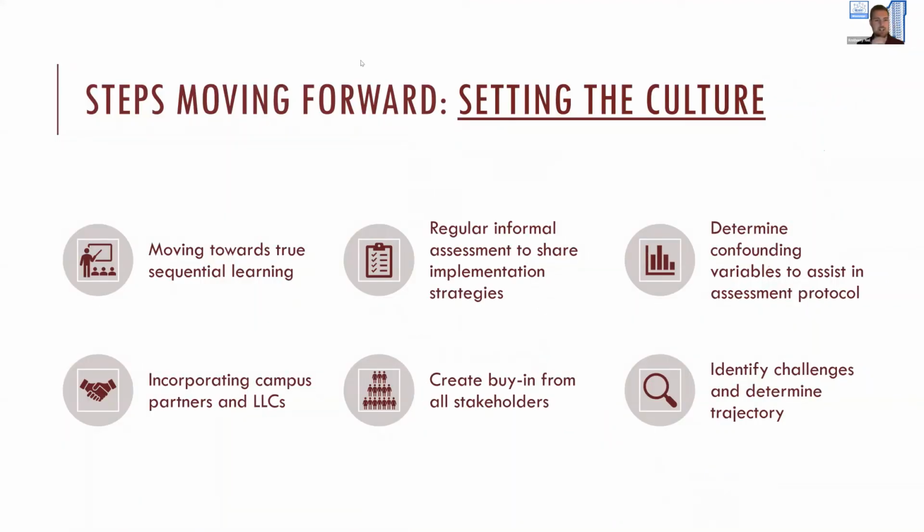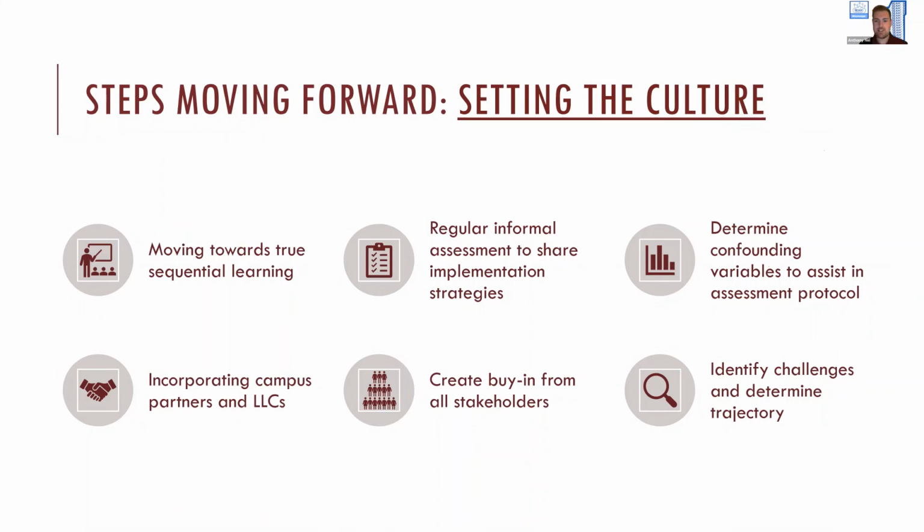So Stephanie touched on quite a few of the things that we're doing to continue moving forward and setting the culture. And so we are moving forward to continue implementing sequential learning, making sure that the strategies we are implementing are building upon each other. Stephanie talked a lot about assessment, so we're trying to still improve our assessment strategies.